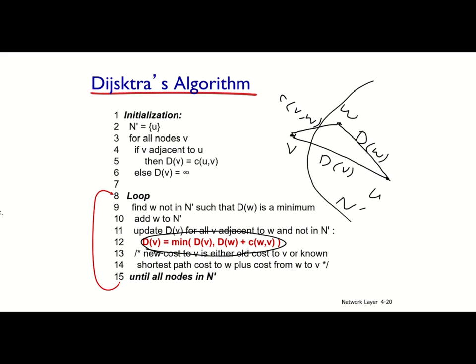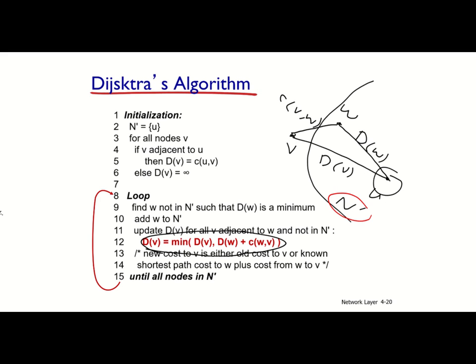Let's assume that this is the source, and what we want to do is find the shortest path from u to all the vertices, and this is N prime that initially contains only node u, but eventually it will contain all other nodes in the graph.